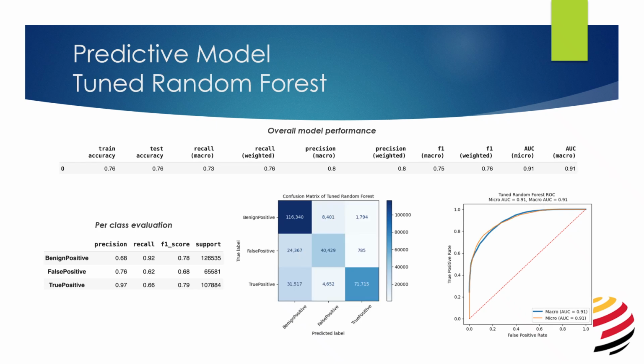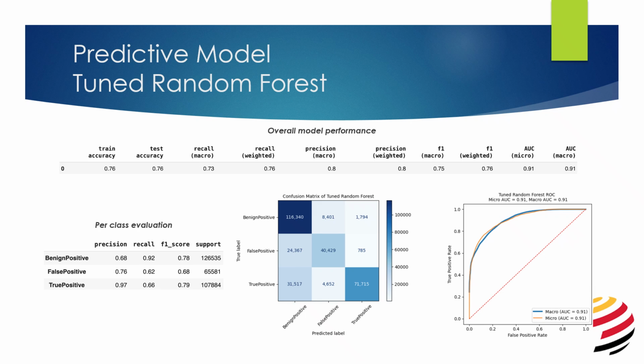Finally, the tuned random forest shows a significant drop in performance. Test accuracy falls to 70% and the micro AUC drops to 0.91.